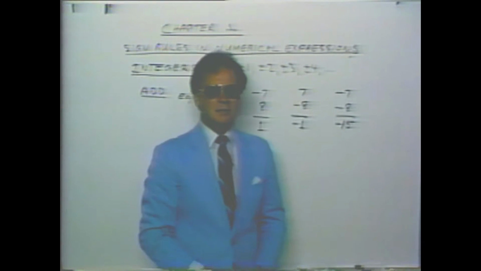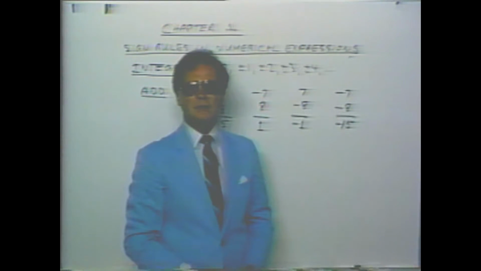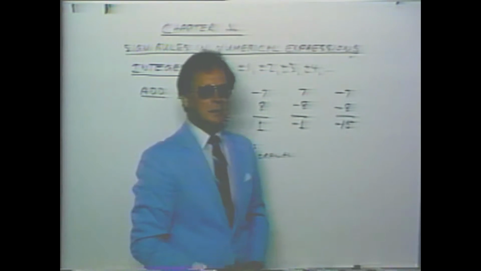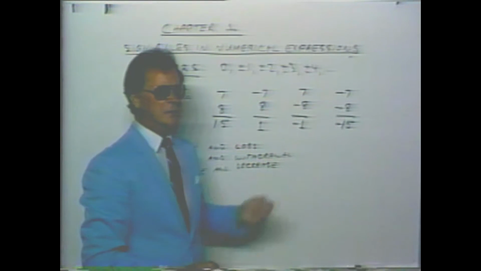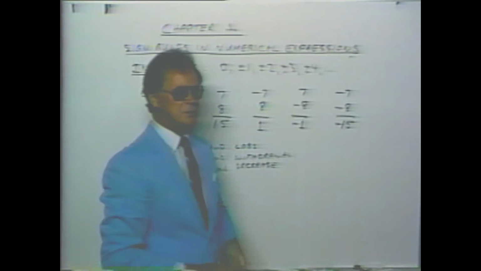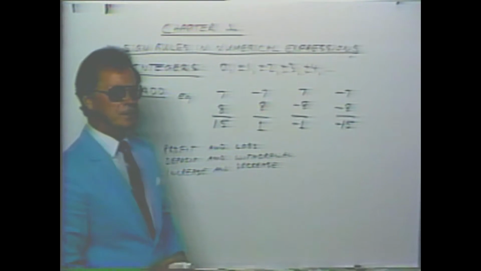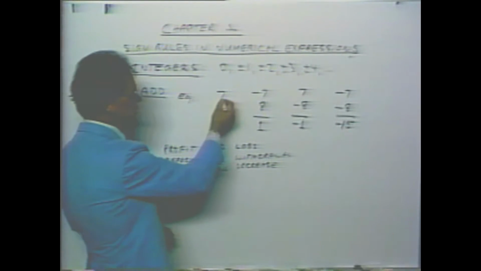To reinforce the method of addition with integers, it is common to have students think about profit and loss, or deposit and withdrawal, increase and decrease, and so on. In the example above, let us assume that these represent temperatures, and that presently the temperature is 7 degrees.